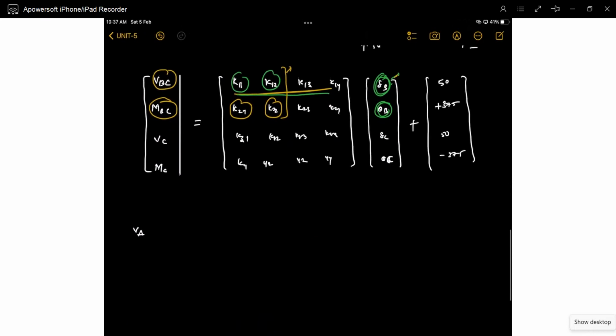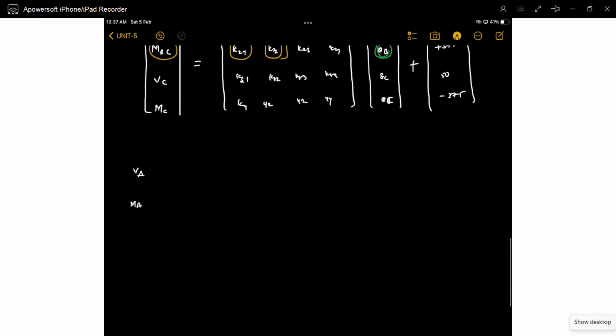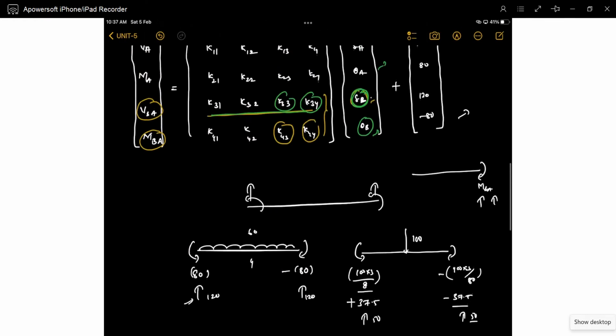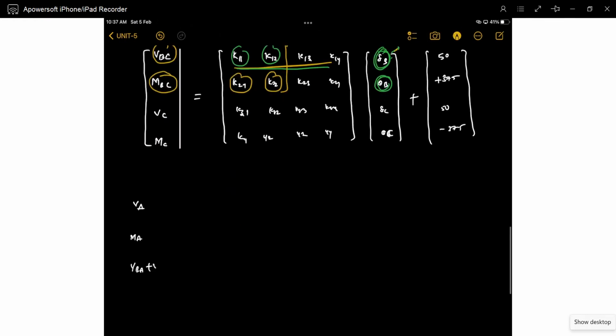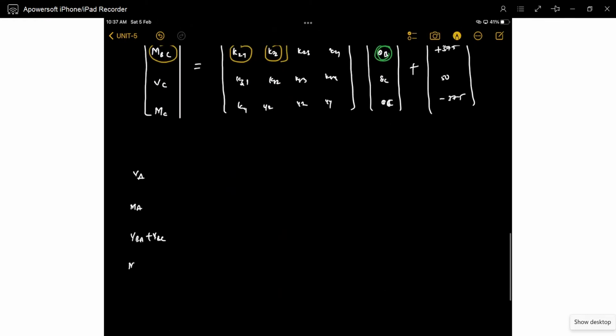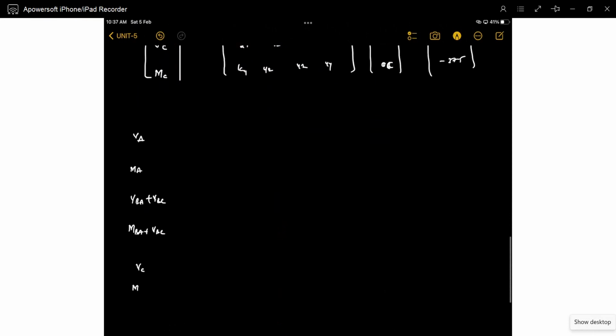VA, MA, VBA, then add VBC, MBA plus MBC, VC, MC. You can write it, and the flexible stiffness matrix is 6 by 6.